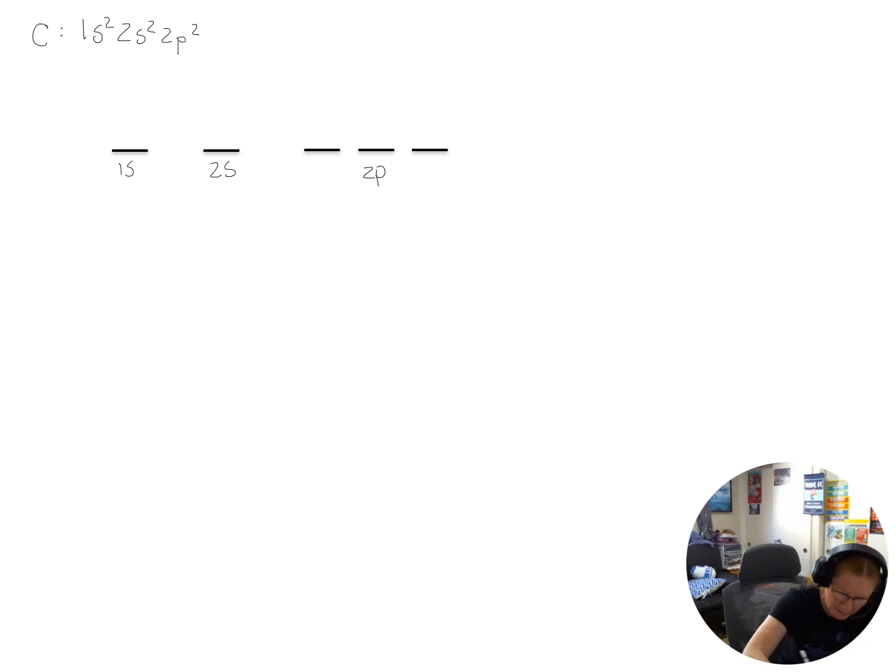Okay, let's look at carbon. Again, that's 1s2, 2s2, 2p2. So we're going to get our 1s, our 2s, and our 2p. Let's take a look at carbon's p electrons.